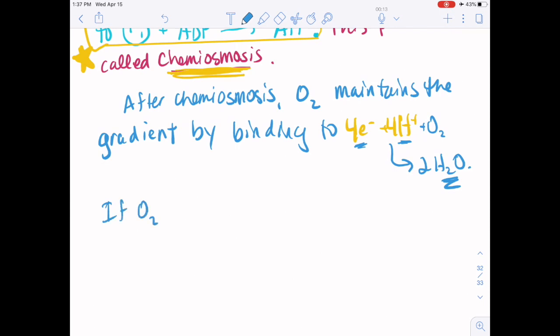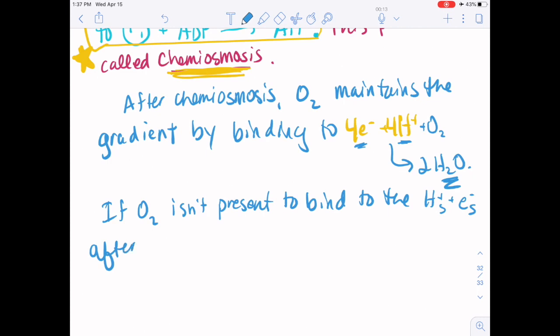So if oxygen isn't present to bind to the protons and electrons after chemiosmosis, no more ATP can be made.